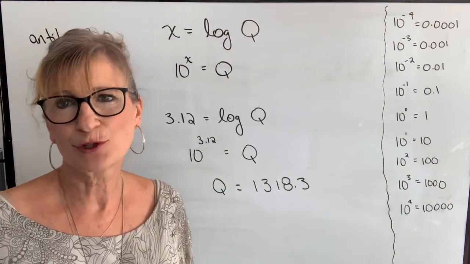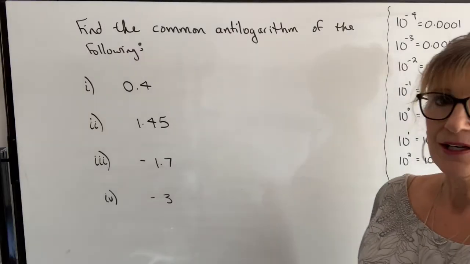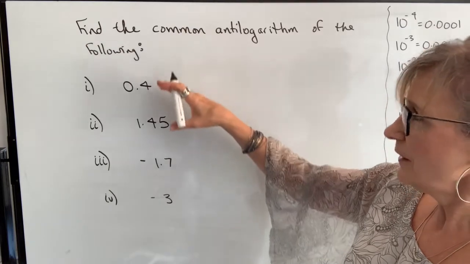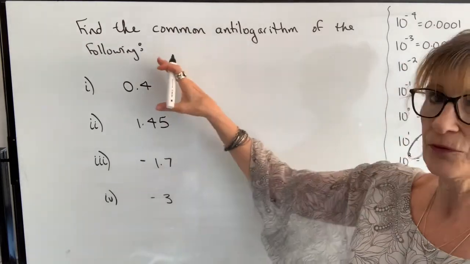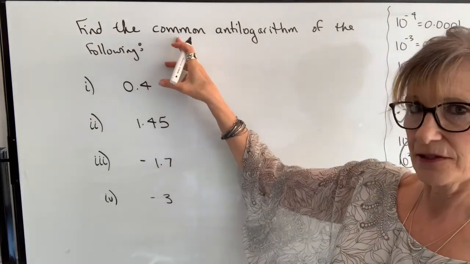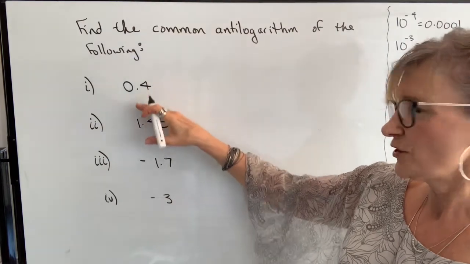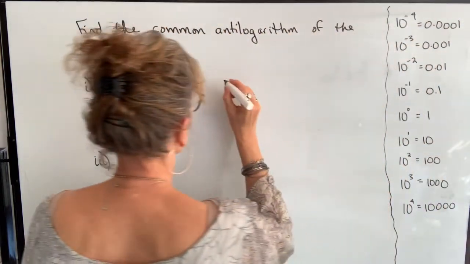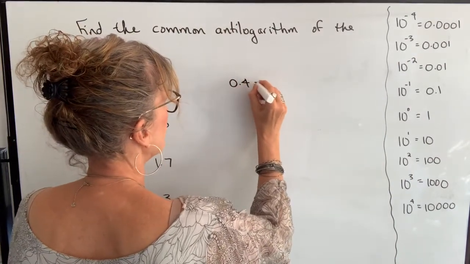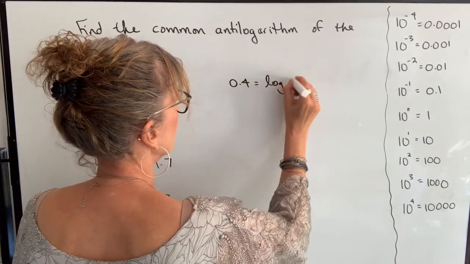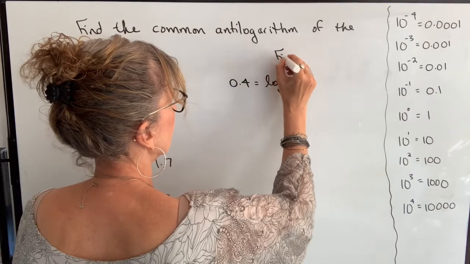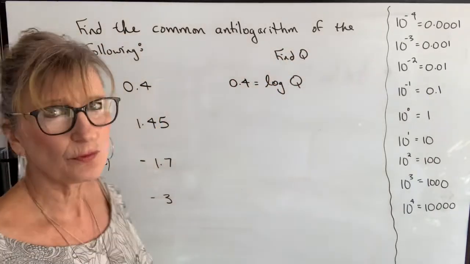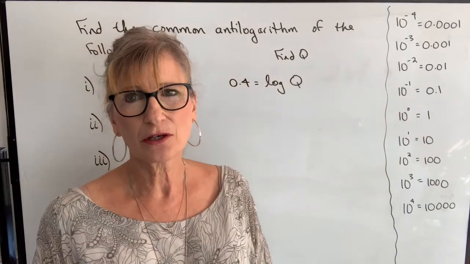And then let's do some more examples of these. You might be asked in this way, find the common antilogarithm of the following. Common tells us it's base 10. And they might just give you a set of numbers like this. Or they might ask it like this. 0.4 is equal to the log of Q. Find Q. So there's different ways that you can be asked for the antilog.